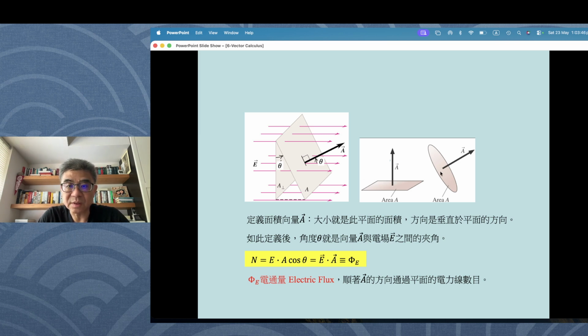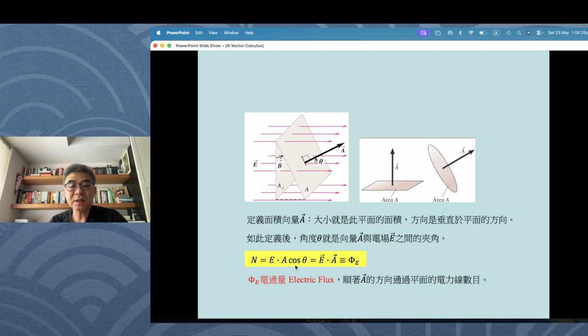Okay, so here is a diagram to show you the direction and magnitude of this A. If I take the inner product of the electric field and this A vector, we obtain the electric flux. Therefore, you can see that this electric flux depends on the angle between A and the electric field. If they are parallel, then E dot A is just equal to the product of E times A. However, if there is an angle, then you have to multiply by the cosine theta.